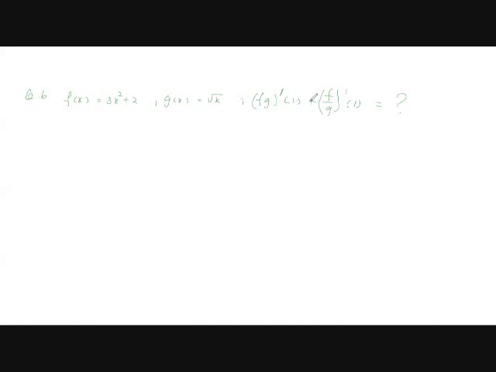At the same time you do the division, f of x divided by g of x, so that means 3x squared plus 2 divided by square root x. You simplify it and then differentiate, first derivative only. After you differentiate, replace x with 1 and sum it up to get the final answer.